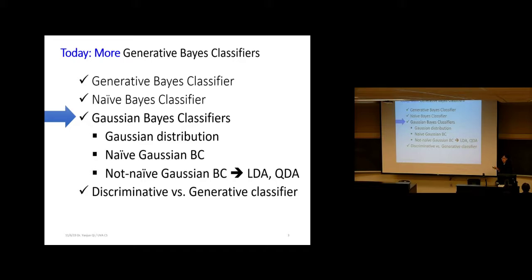By the end, I'm going to discuss comparing discriminative classifiers versus generative classifiers. In what situations does a discriminative classifier work better and why? In what other situations does a generative classifier work better and why?